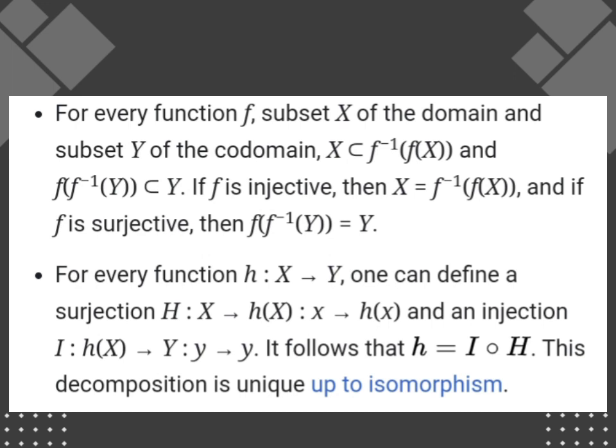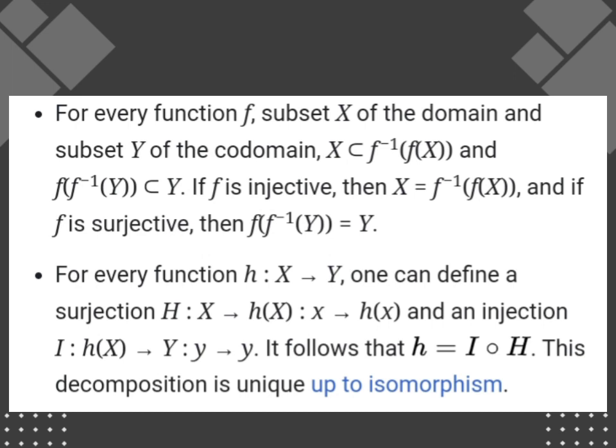And for every function h: X to Y, one can define a surjection H: X to h(X), x to h(x), and then an injection I: h(X) to Y, y to y.